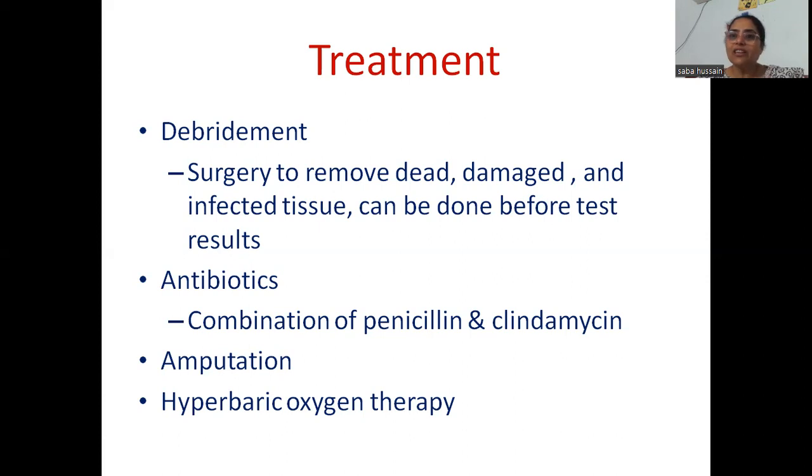So you can give antibiotics, that is the combination of penicillin and clindamycin. In some cases where the whole thing has necrotized, you have to perform amputation, and you can also give hyperbaric oxygen therapy, that is 100% oxygen can be given. Since it's an anaerobic bacteria, it will stop multiplying.